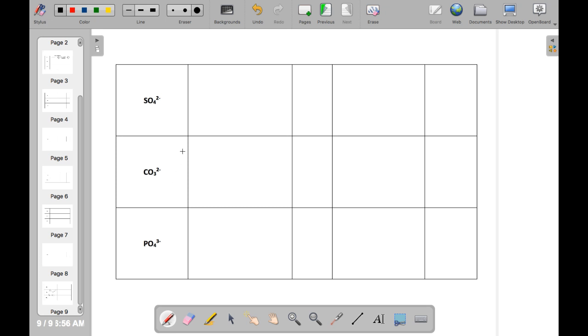So this is phosphate. We know oxygen is 6. So there's 24 from the oxygens plus 3 electrons for the charge, plus the phosphorus, which has 5. So that's 32. All right.